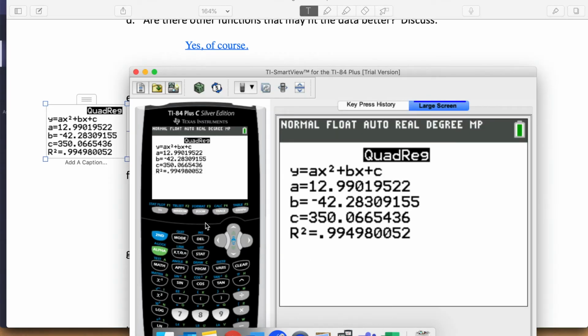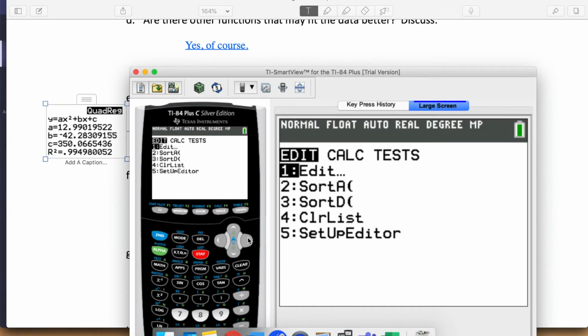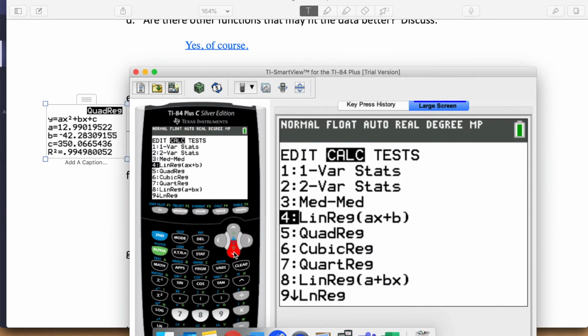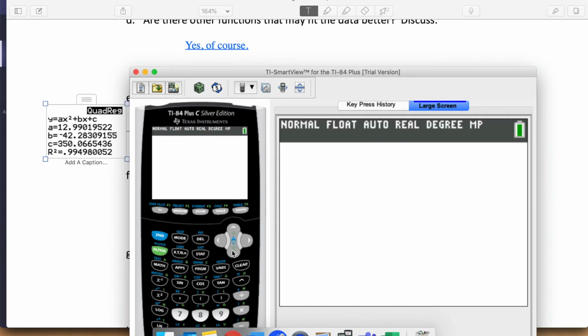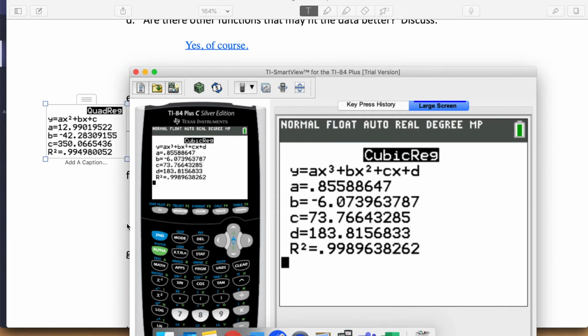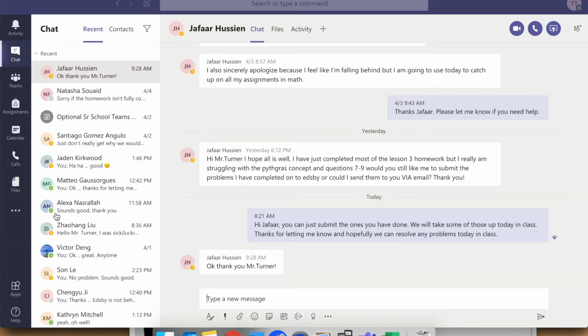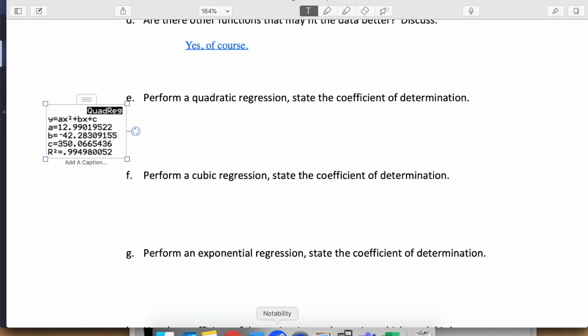If I do a cubic regression, again go back to Stat, Calc, and go down to 6, which is cubic, press Enter, and calculate that one. And we get this one. I'll put that in.